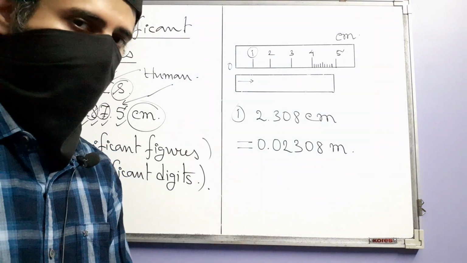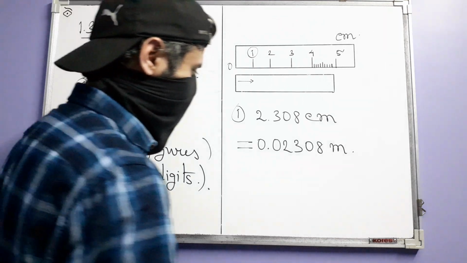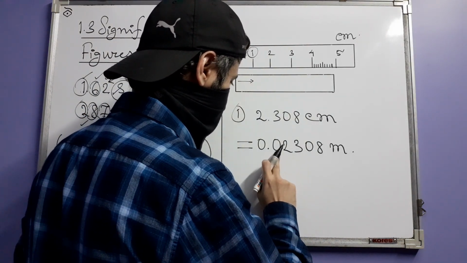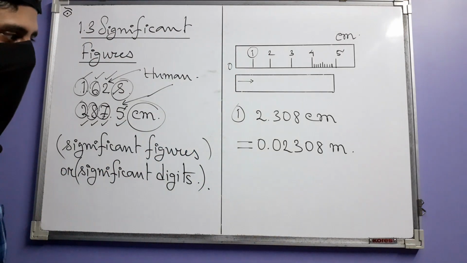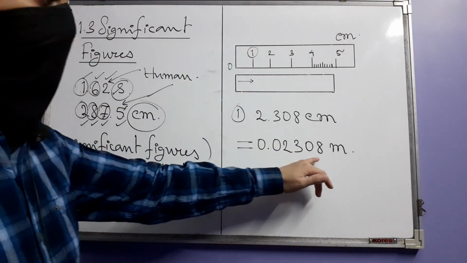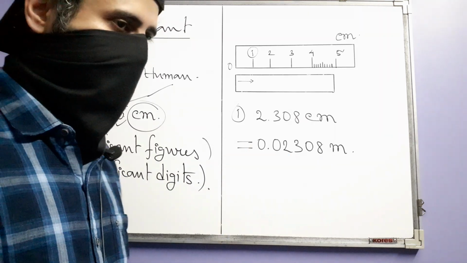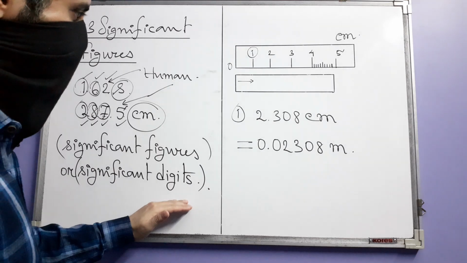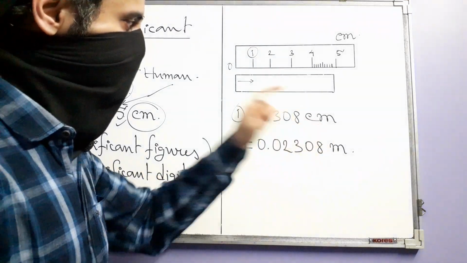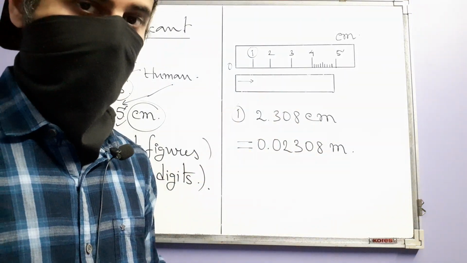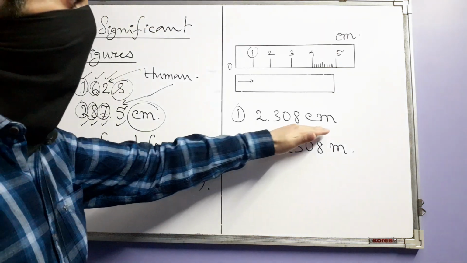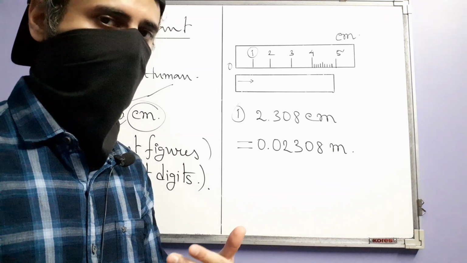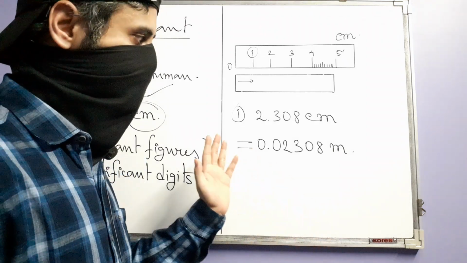According to that same simple-minded rule, are we now having 1, 2, 3, 4, 5, 6 significant digits, out of which 8 is unreliable and the remaining ones are reliable? So it seems that the number of significant figures depends on the unit we choose to make the measurement, or even when the measurement was made in one unit, as soon as you change it into another unit, the number of significant digits changes.